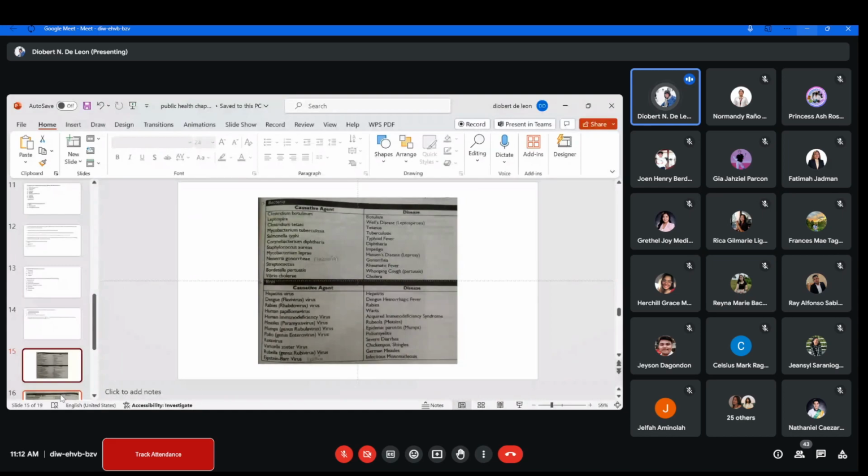And for your virus, the causative agent for rabies, we have the rabies rhabdovirus, or rabies virus. We have the rotavirus for severe diarrhea. We have the Epstein-Barr virus, infectious mononucleosis. Guys, if there are corrections using the pencil, can you please change that one, okay?